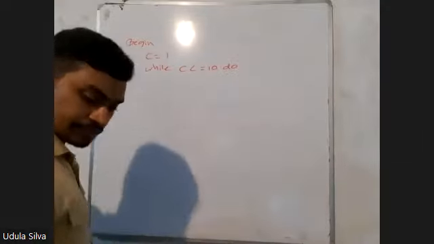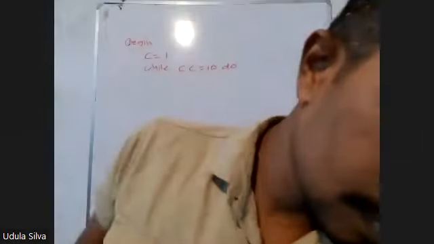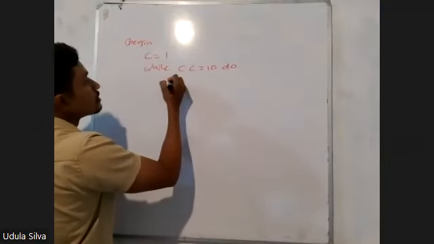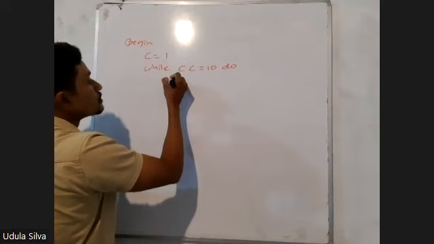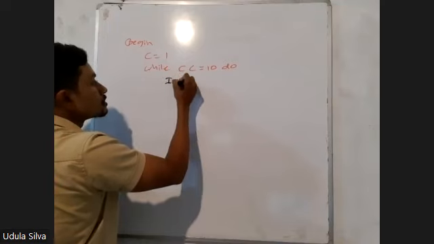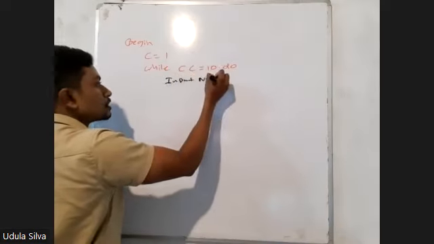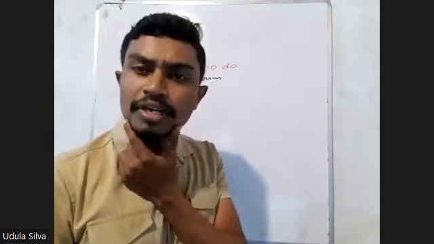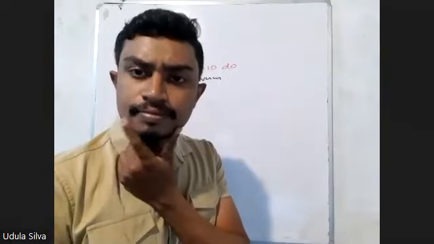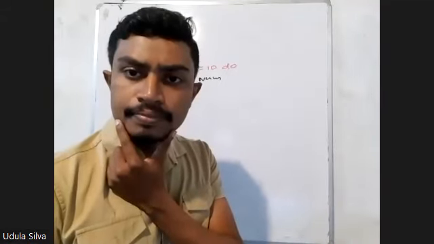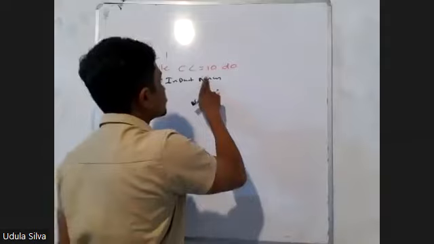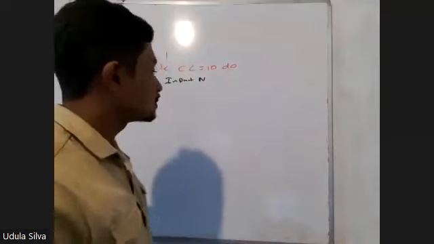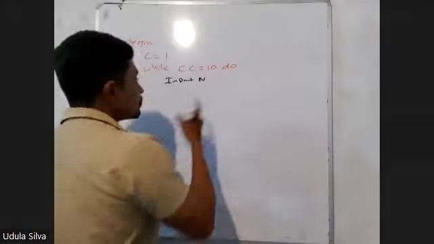Then input number, num or n. I'm trying to do this as similar to your one as possible, right? Input n.